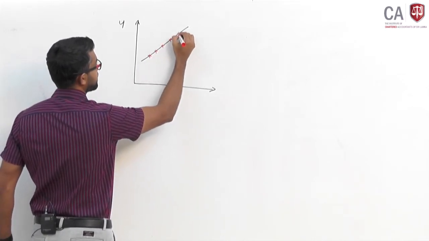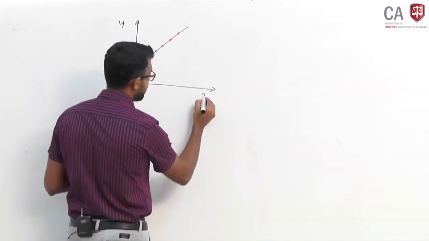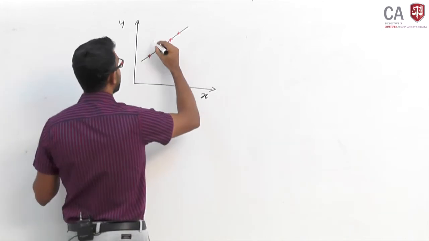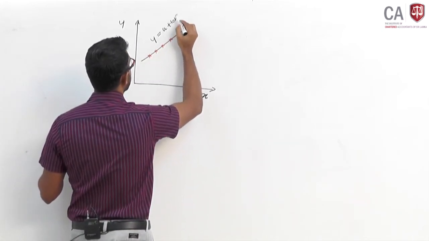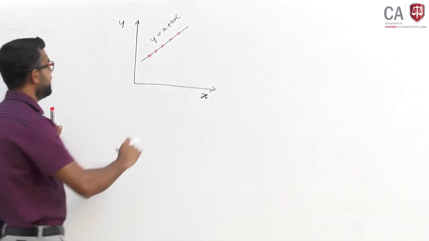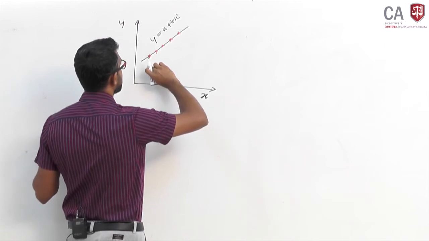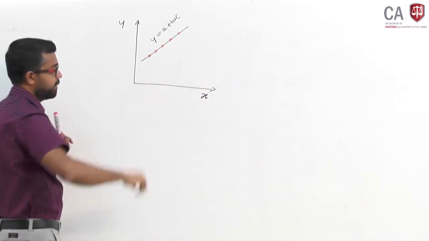The line y equals a plus bx, the regression line. You can see all the variables are on this line.